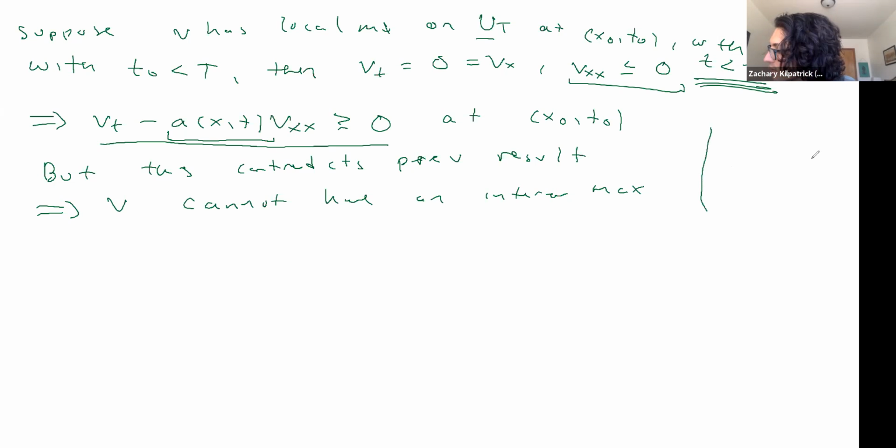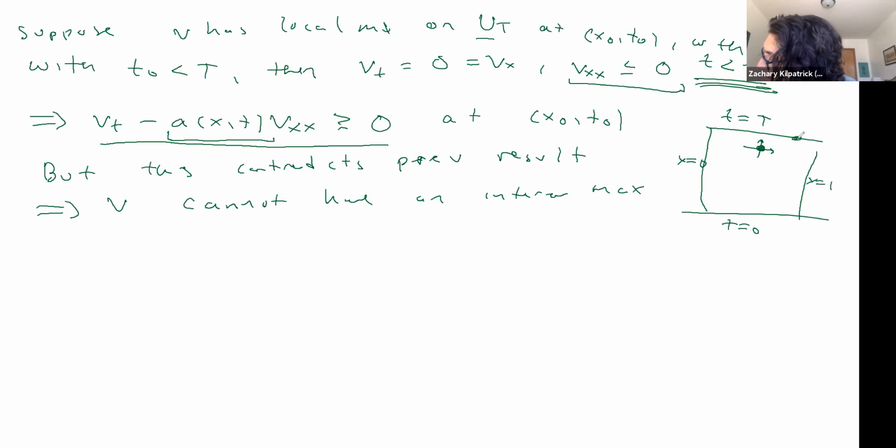I sort of skipped over that part. If you think about this, this is t equals capital T, this is t equals 0, and this is x equals 0 and x equals 1. At a maximum point here, you have to have your derivatives be 0.